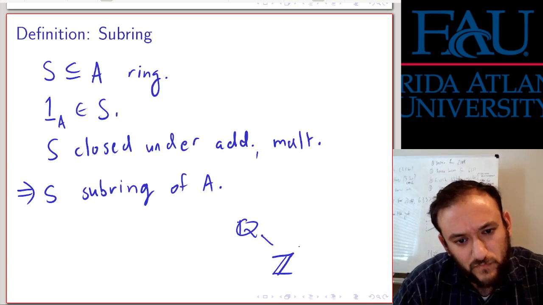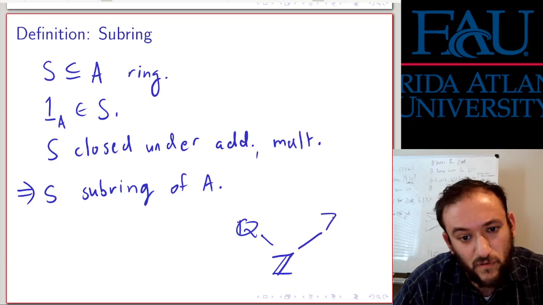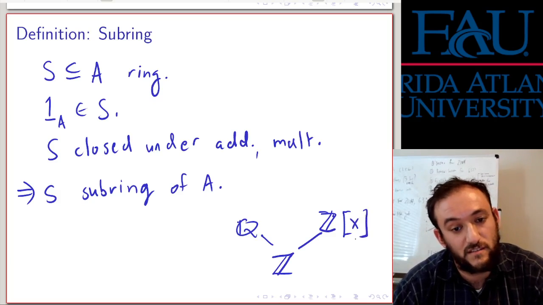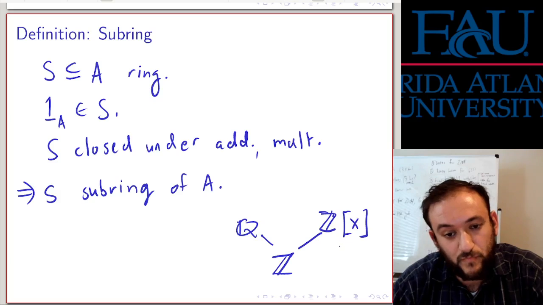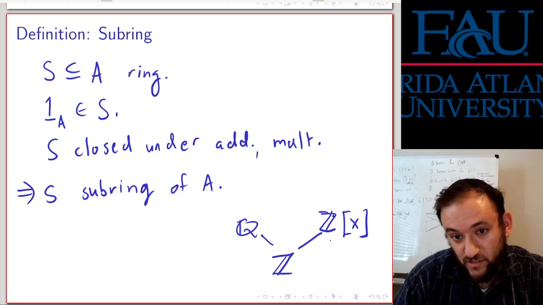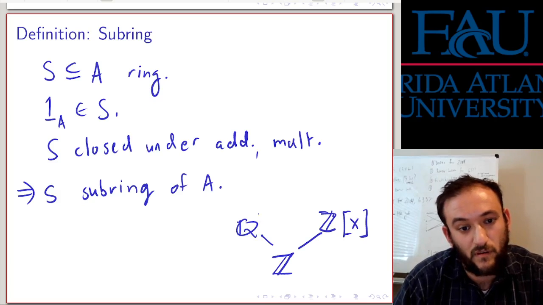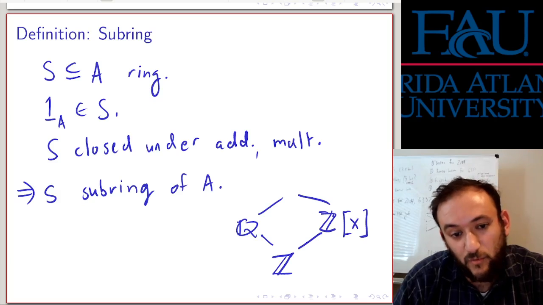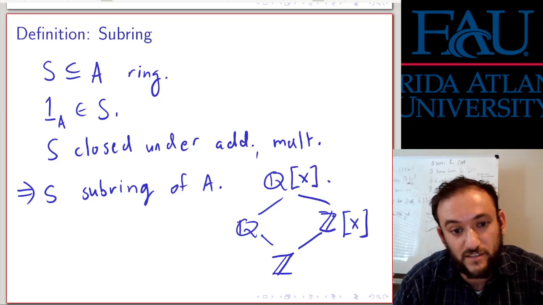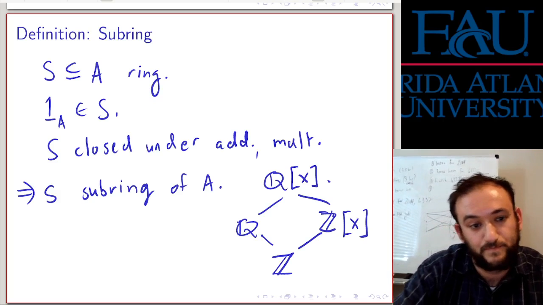Another ring which has Z as a subring is the ring of polynomials with integer coefficients, because if you take the constant polynomials in that ring, that's just the integers. And if you want a ring which has both of these as subrings, that would be the ring of polynomials with rational coefficients. And you can convince yourself that all of these subring relationships hold.